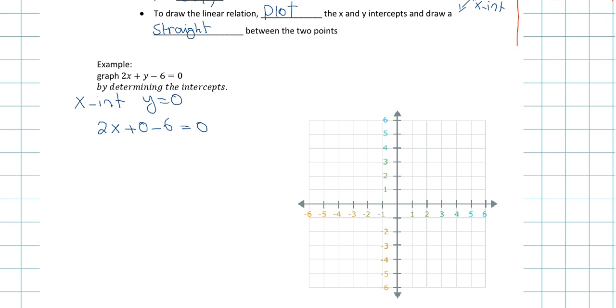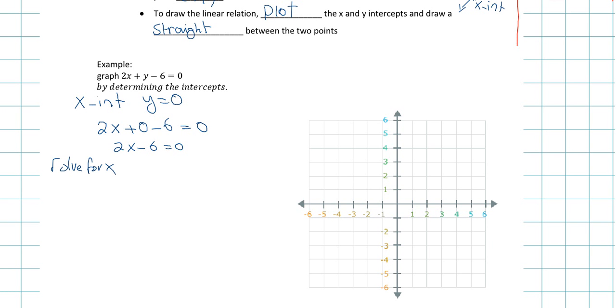So let's simplify this. That's 2x minus 6 equals 0. Now, how do I solve for x? How do you isolate for x? Move the negative 6 over. It becomes 6.